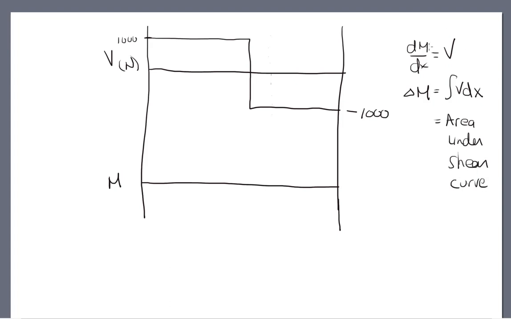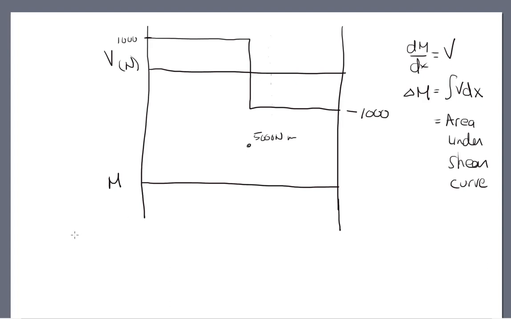Okay, so there are two ways to look at it. You can look at your V here as your slope. Your slope over, it's a 10 meter beam over 5 meters, should get you to dM by dx equals V. So a slope of 1,000 over 5 meters should get you to 5,000 Newton meters, right?